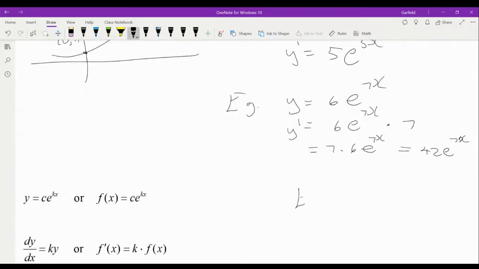What about y is equal to negative 10 e to the 8x?